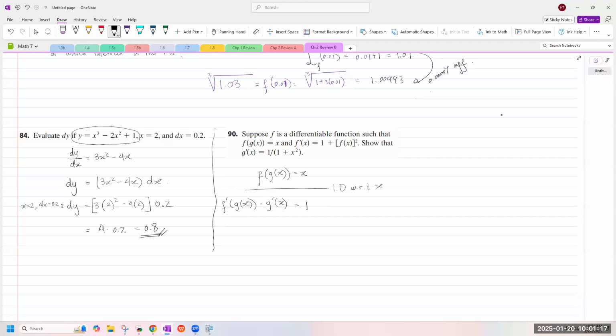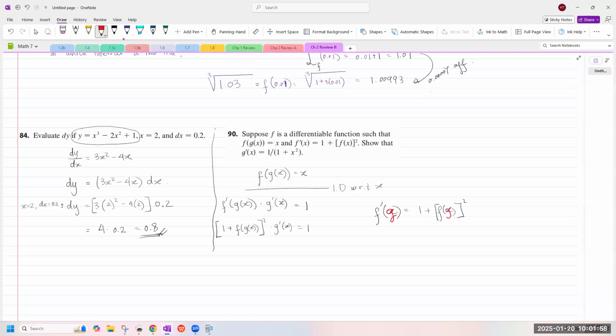Okay. Now, we know f prime of x equals 1 plus f(x) squared. So this will be 1 plus f of g of x squared, times g prime of x. See, f prime of x is 1 plus the function being squared, right? So if I change this to g, this becomes g here.